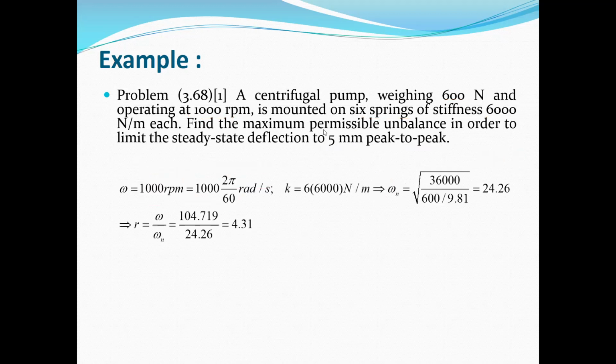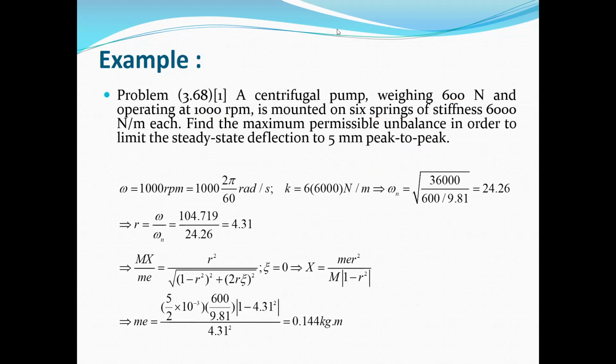So we can calculate the frequency ratio. We have omega, which is 1000 RPM. We should convert it into radian per second by multiplying by 2 pi and dividing by 60. And we have the stiffness, as I told you, 36 kilonewton per meter.